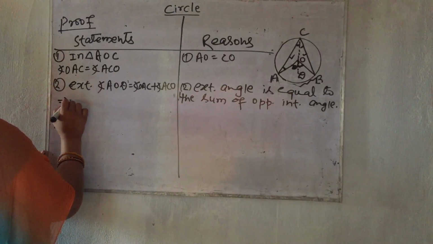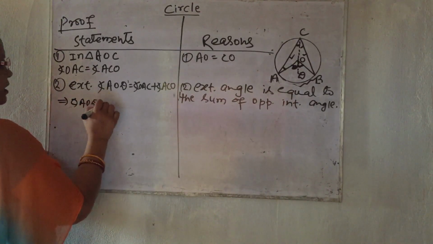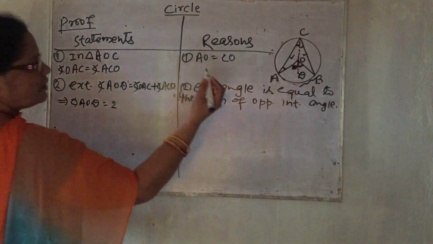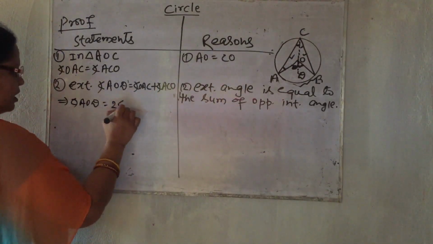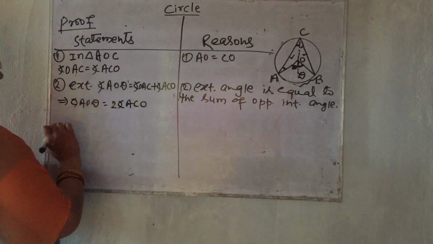After solving this we will get angle AOD equal to double of angle ACO. After solving I have written here.